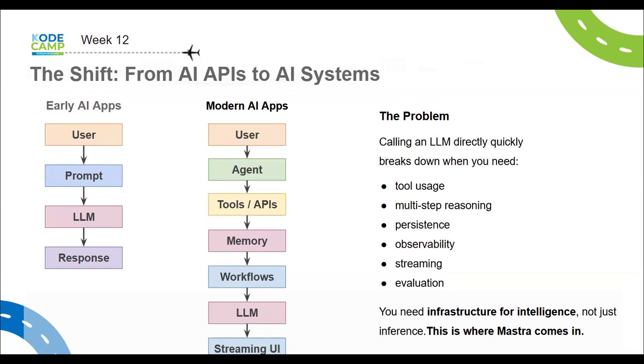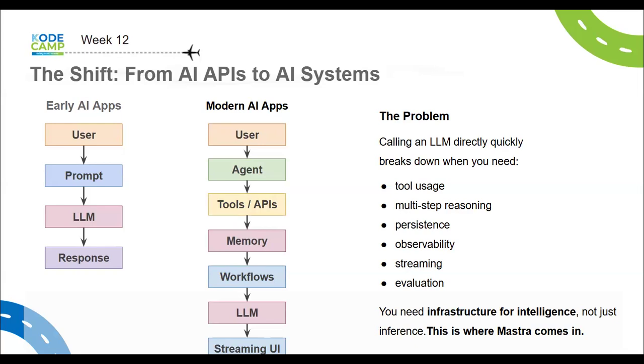Then Mastra now adds workflows, which is kind of like sequential steps to be taken, some of which can be predetermined or deterministic, while others are more stochastic or probabilistic, based on the problem. They are more dynamic.